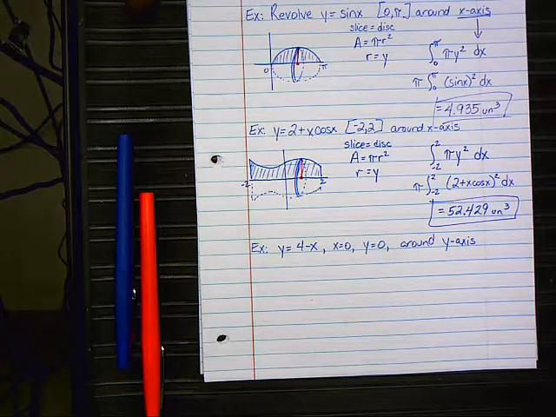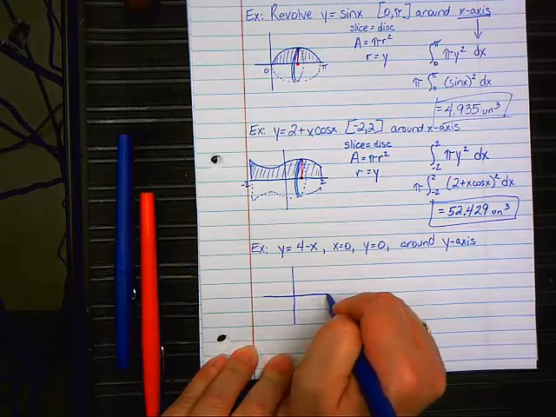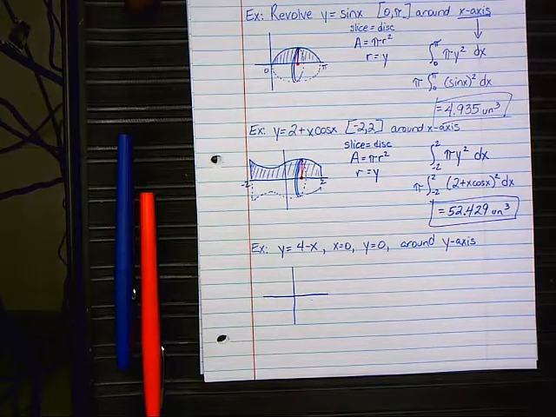They did not give us a domain this time. So we're going to have to find it out. Since we're revolving around the y, we're going to need both sides of the y-axis. Now, you should be able to figure this out without a calculator.